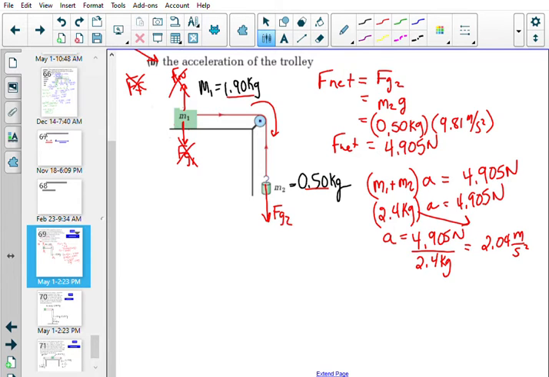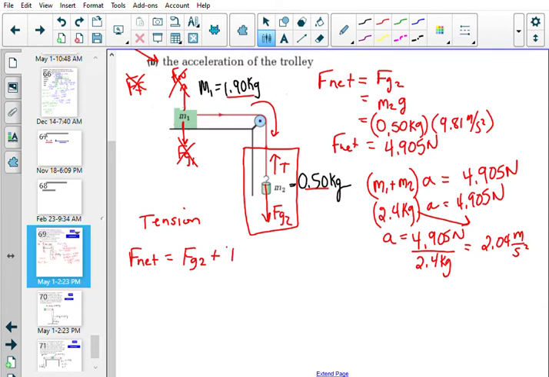So now that we know the acceleration, we can take a look at this mass right here and determine the tension that's upward. So we can write the F net formula, a new F net formula that involves the Fg2 and the tension.